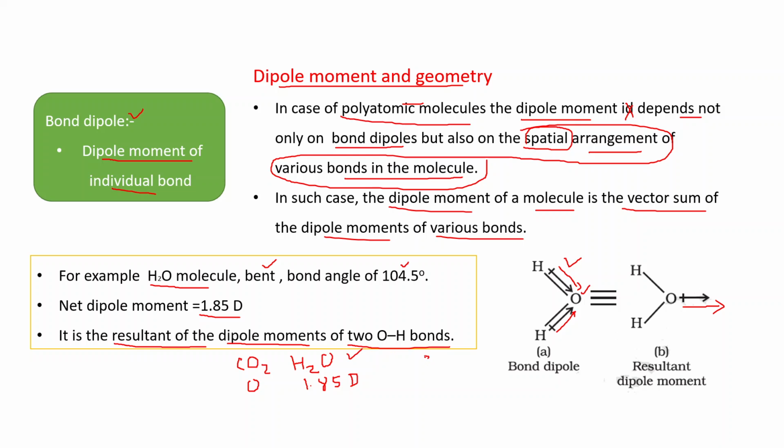But in carbon dioxide, the bond dipoles of both carbon-oxygen bonds are oriented in opposite directions like this. That's why they cancel each other and the net dipole moment is 0. We can say that on the basis of dipole moment, carbon dioxide is a linear molecule.